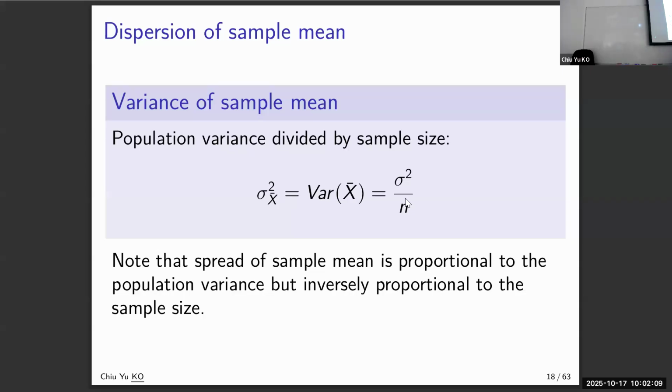You get more data, and data is likely to be around the mean, then the sample mean will be much closer to the true population mean. So it's proportional to the original variance, but inversely proportional to n. We know this already, so I don't see too much worry about that.